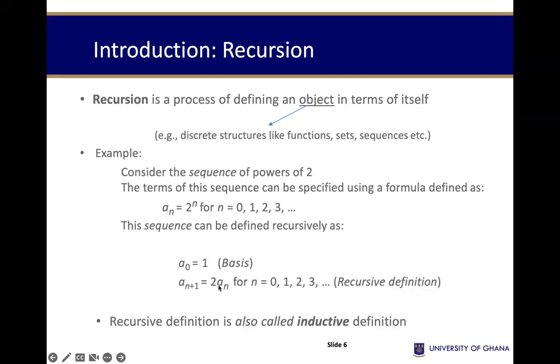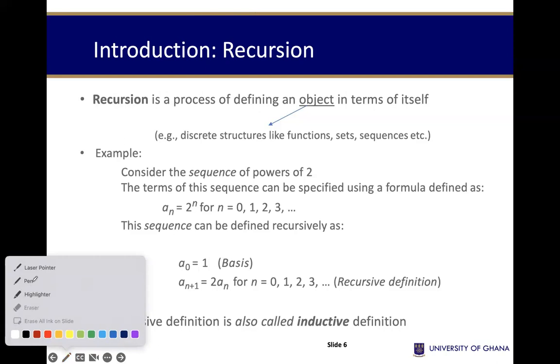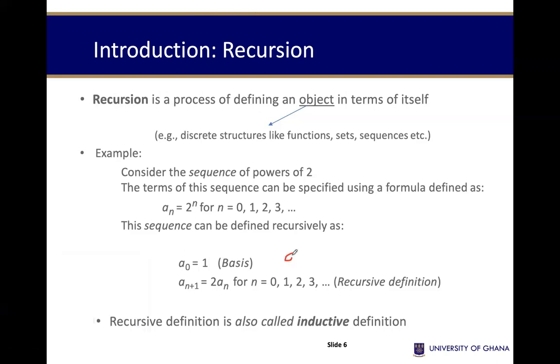Then on the right-hand side, remember my n is 0. That is going to give me 2 times A of 0. Now the A of 0, I already know it from the basis step, the previous step. A of 0 is 1. So I'm going to have 2 times 1, and 2 times 1 is going to give us 2. So I can easily get my A of 1 to be 2.